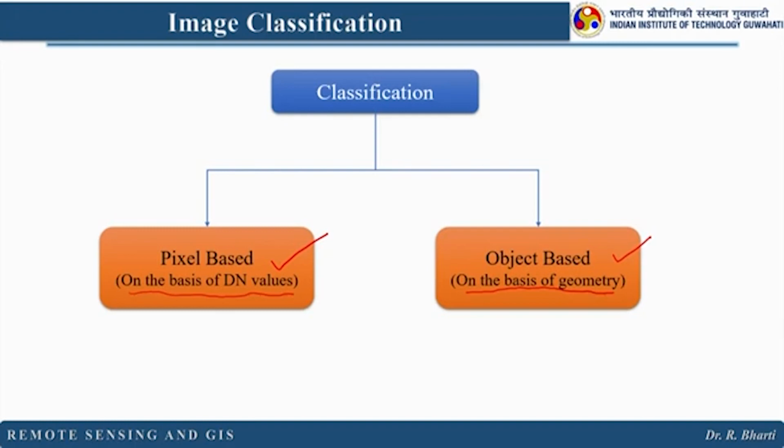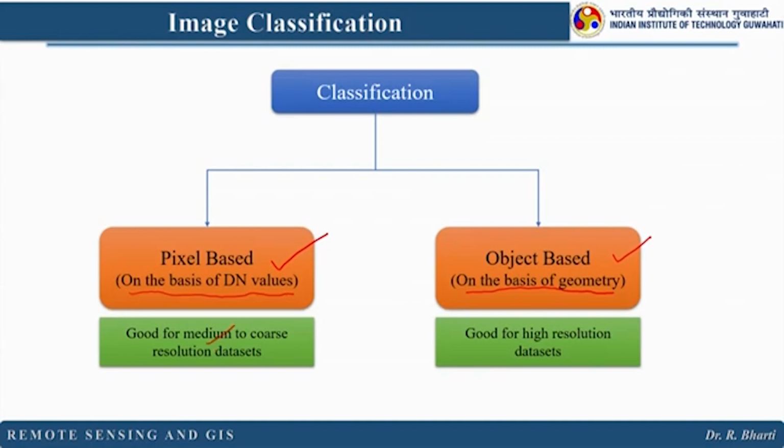Because you have coarse resolution data, medium resolution data and very high resolution data in terms of spatial resolution. Pixel based classification is good for medium and coarse, whereas object based classification is good for high resolution data sets, that means high spatial resolution data sets. So these are the two different categories.